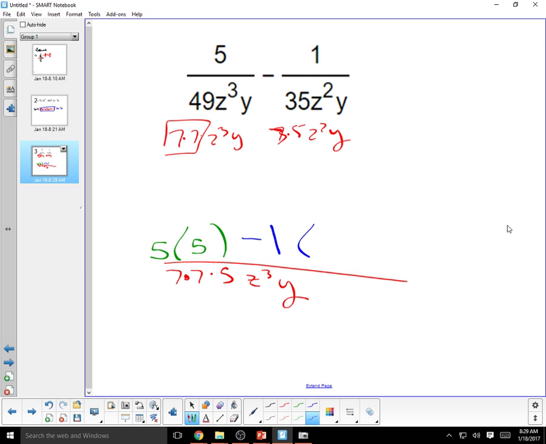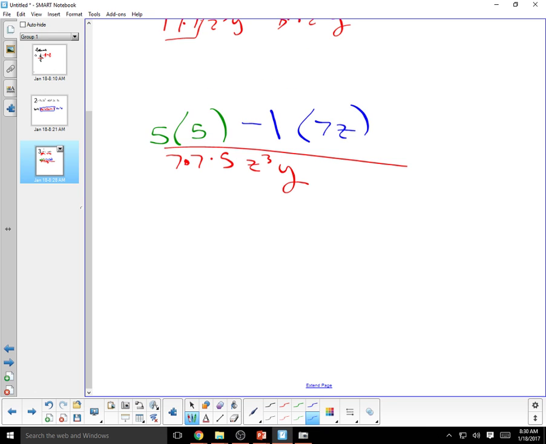It had 1 7, right? So it didn't have a 7. It didn't have a z. And it already had the y. Is that the only thing? Yep. So there we go. Let's just clean it up. So this should be 25 minus 7z over 245 z to the third y.